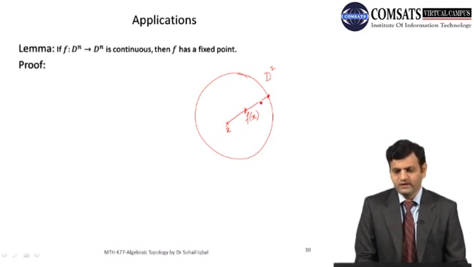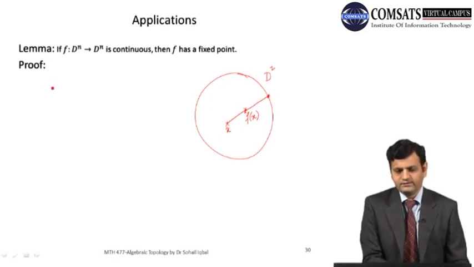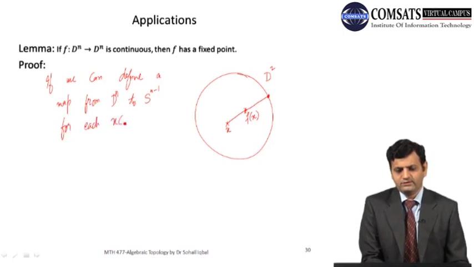And if we can define a map from Dn to Sn minus 1 for each x belonging to Dn, then this implies that Sn minus 1 is a retract of Dn, which is a contradiction.